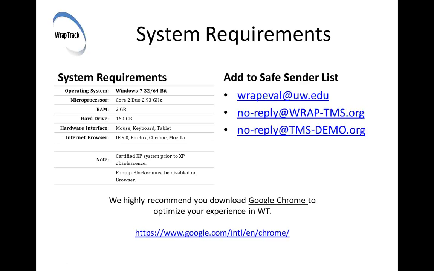Additionally, whether you use Google Chrome or another browser, make sure your pop-up blockers are disabled, because sometimes when you're opening things in other reports, it might be challenging to see them if your pop-up blocker is enabled.